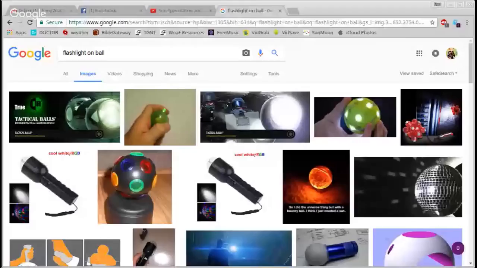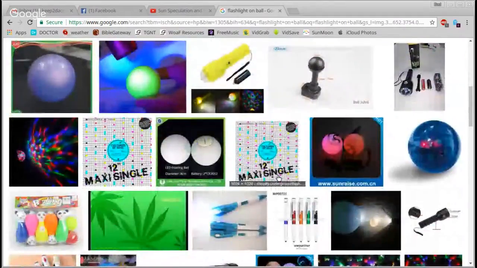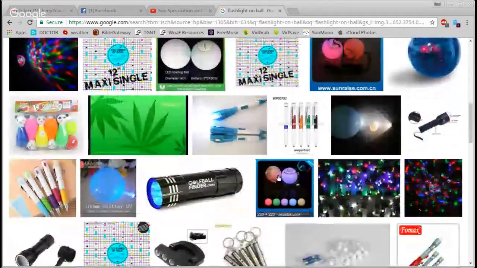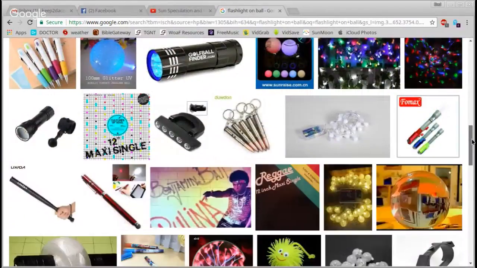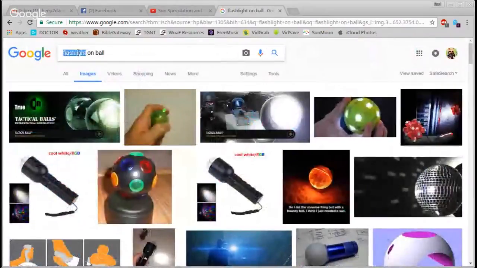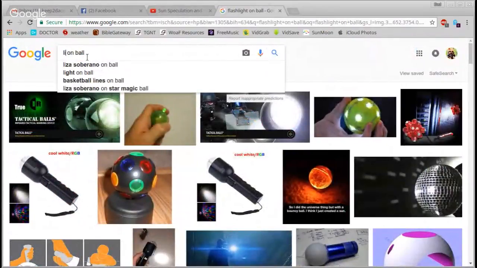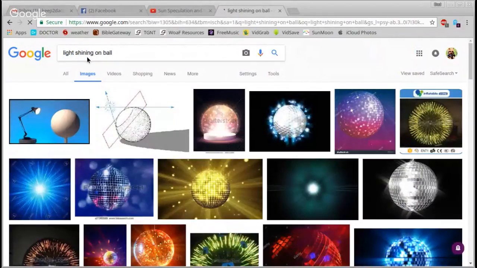I don't know if we have any animations, but let me see if I can find something. There's a little bit of one here. Let me see if I can find a bigger one. Instead of just flat, let's just have light shining on a ball.